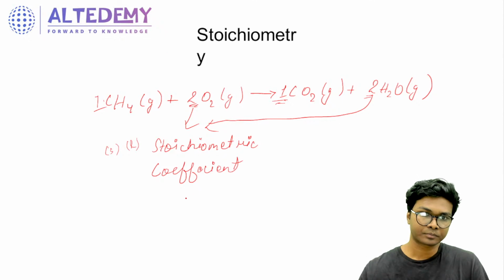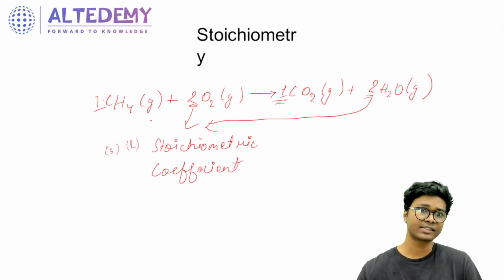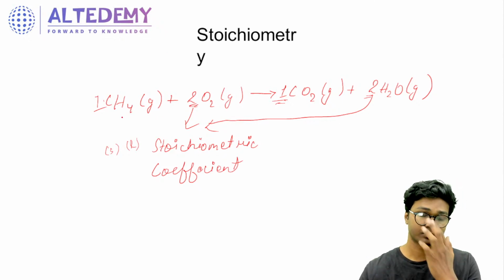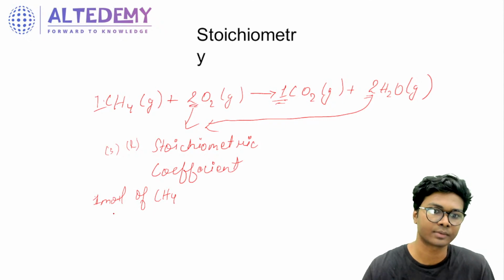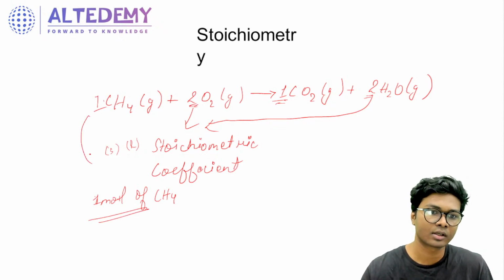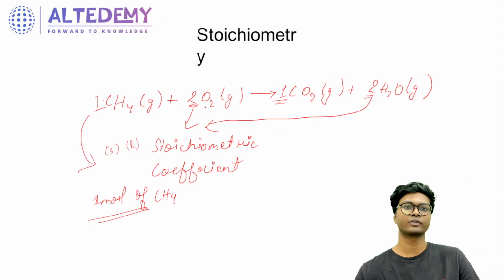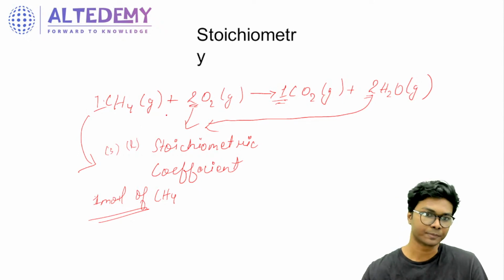And this stands for almost anything. So every time we read it as 1 mole of methane. This is read as 2 moles of oxygen.